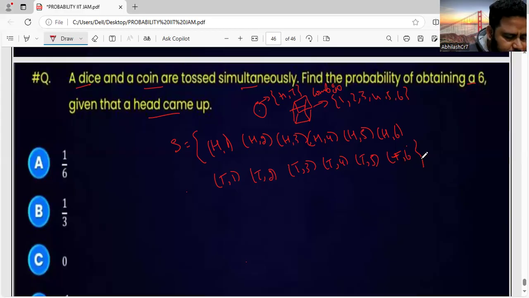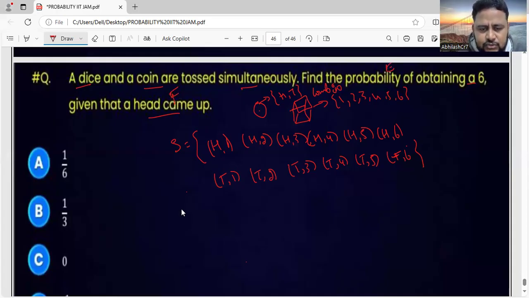So what are the two events that we are talking about? The first event, E, is finding the probability of obtaining a 6. And the other thing is given that a head came up, meaning head has already come up.